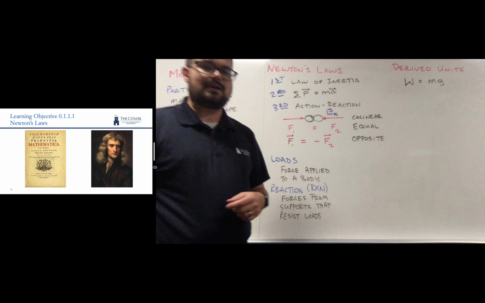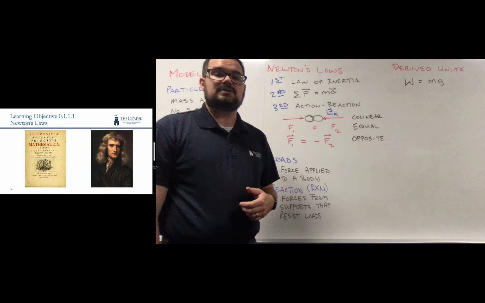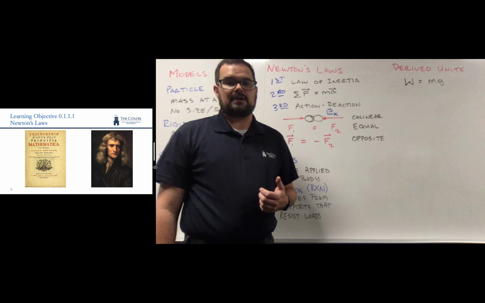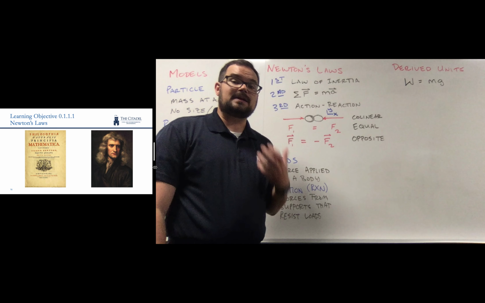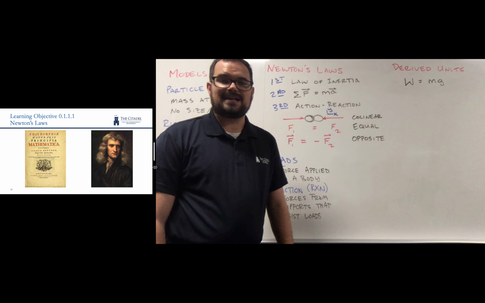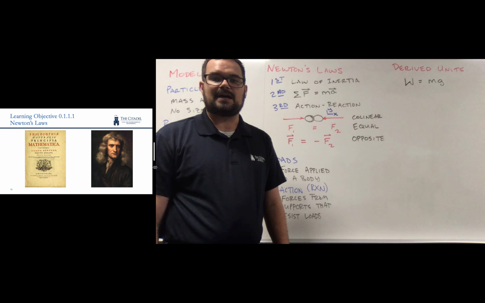G is going to be 9.81 meters per second squared in SI units, and it's going to be 32.2 feet per second squared in US customary units. And if you forget those numbers, that's okay. They're on the first page of your FE reference handbook. So hopefully you've got that FE reference handbook with you and you can identify G.